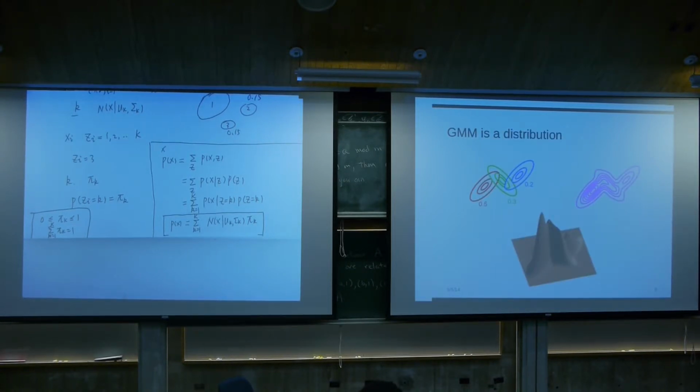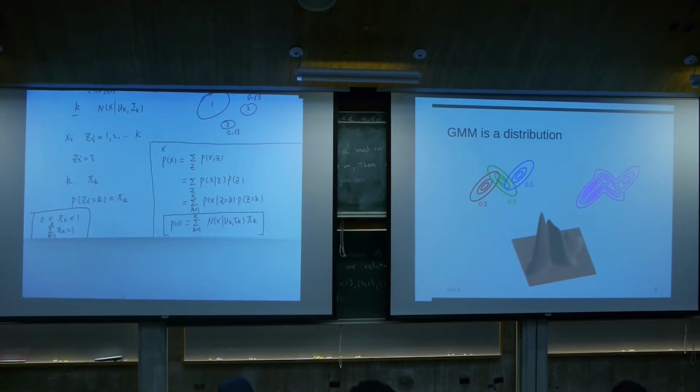So this is basically the Gaussian mixture model, a distribution which is mixed from a set of single Gaussians. The mixture gives us more flexibility to describe the data we have.